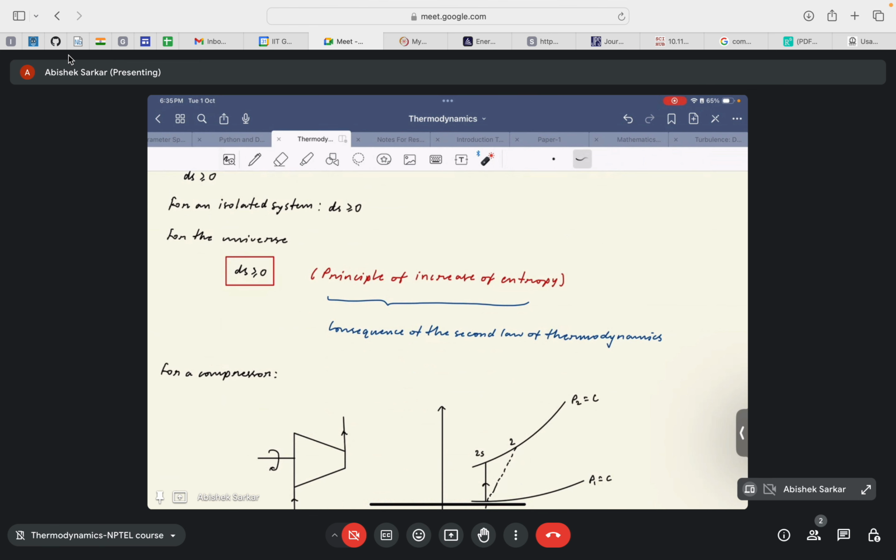And sometimes in some books or references, even this statement is known as the second law of thermodynamics. And it is indeed correct, because all these statements can be used interchangeably.